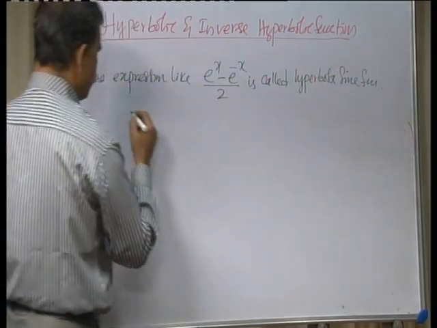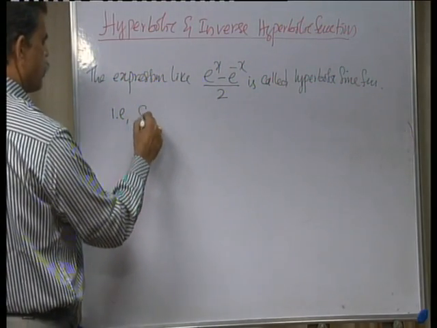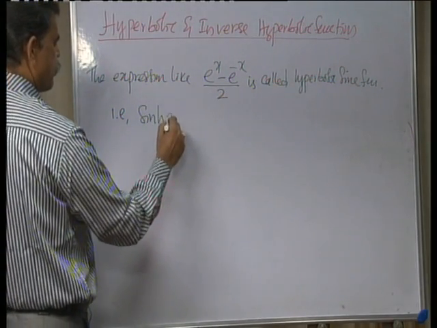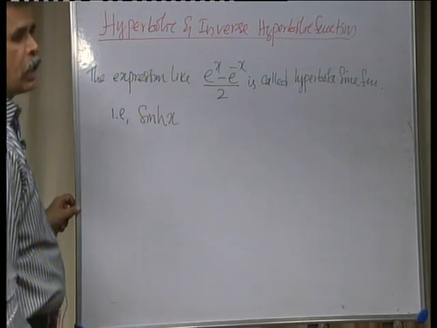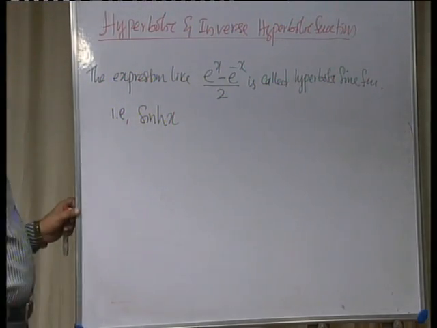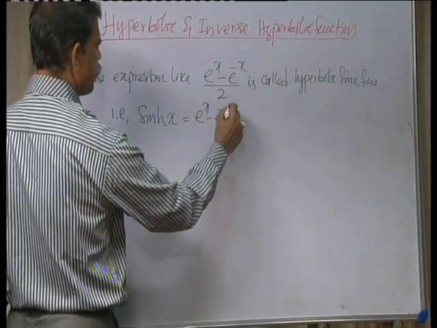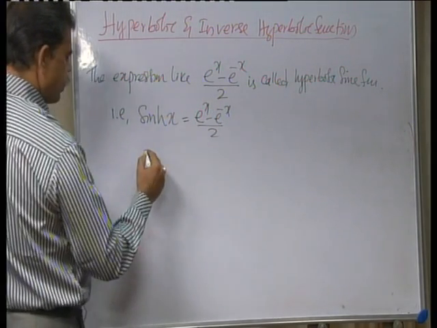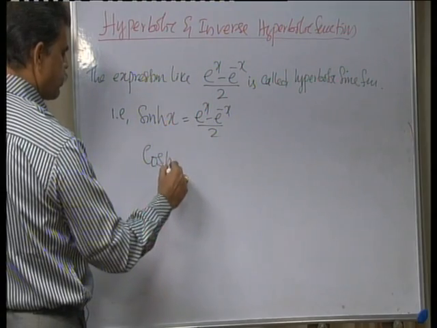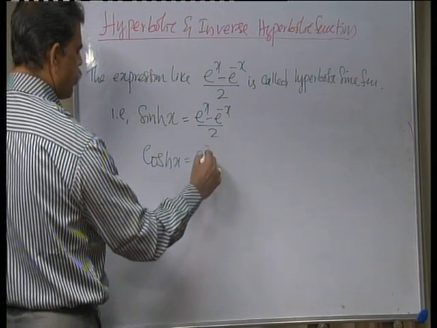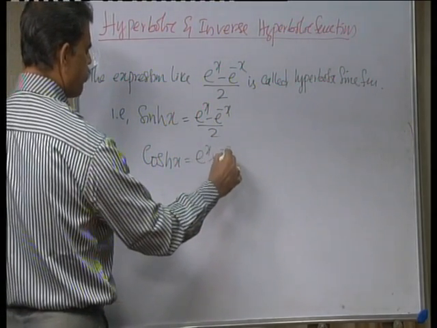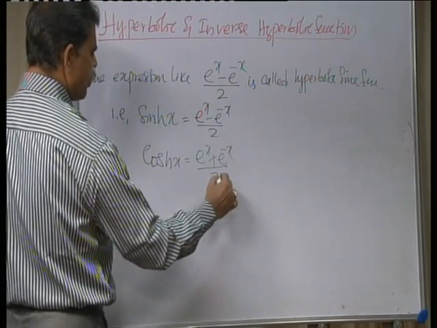That is, we have to take it as sin hx, that is e to the power of x minus e to the power of minus x by 2. Similarly, we can write cos hx is equal to e to the power of x plus e to the power of minus x divided by 2.